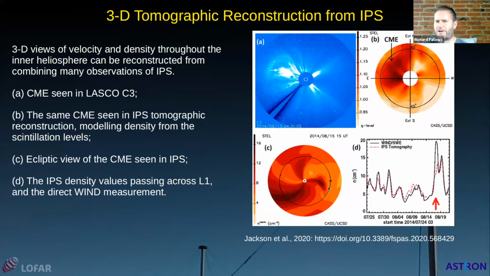From these reconstructions we could take data from any point in space, any point in time, and use that measurement to compare directly with in situ spacecraft measurements. That's given by the plot on the right, where the solar wind density is the black line, measured by the Wind instrument out at L1, and the equivalent measurement from the tomographic reconstruction of IPS data is given by the red dashed line.